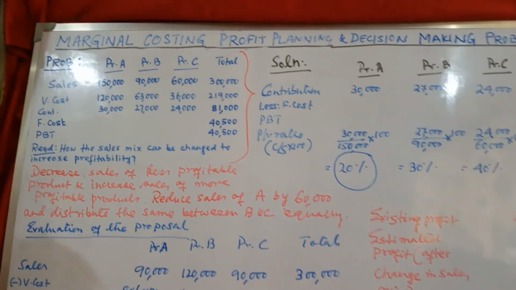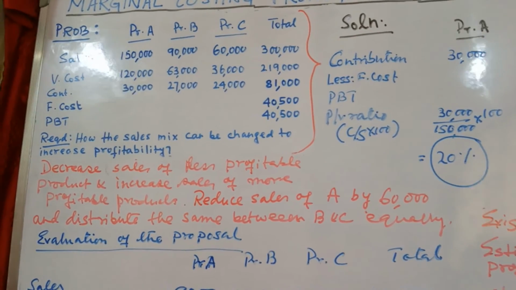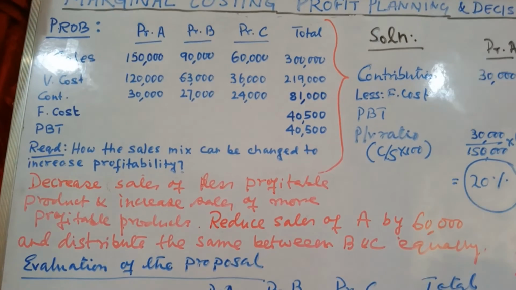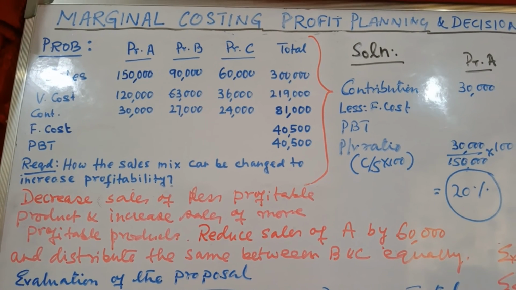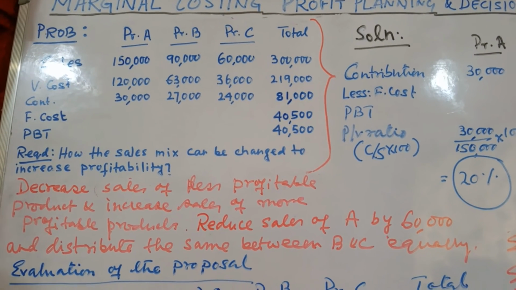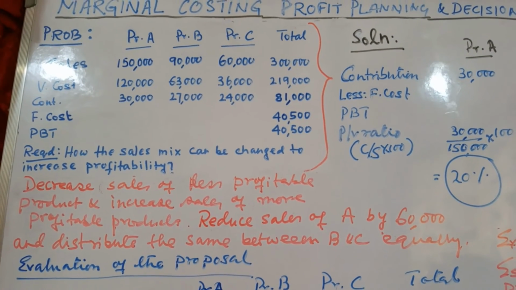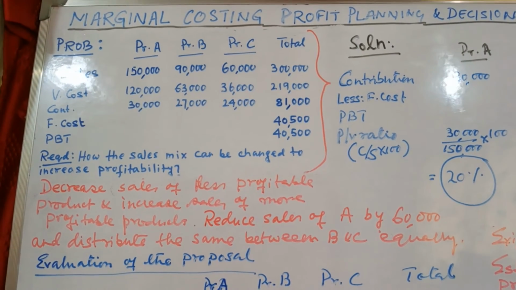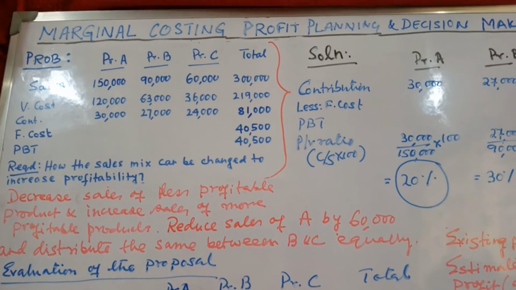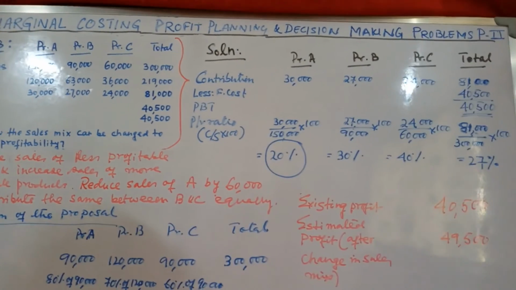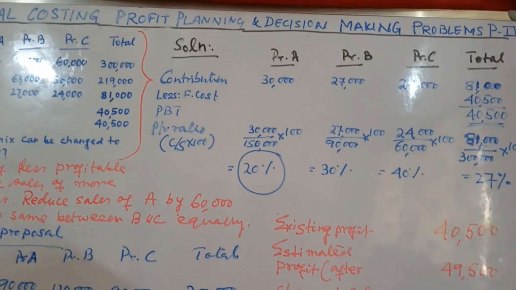So in this part, that is part 2 of marginal costing, profit planning and decision making, we have a problem, that is the firm is having some problem with the sales mix in terms of total profit. So the firm wants to change the sales mix to increase the profitability. We have applied the techniques and formulae of marginal costing to find out the existing profitability of the firm and the individual PV ratios, and accordingly we have ranked.